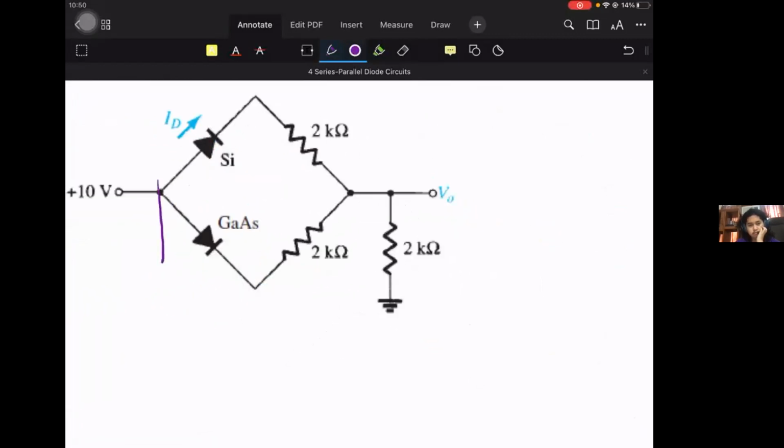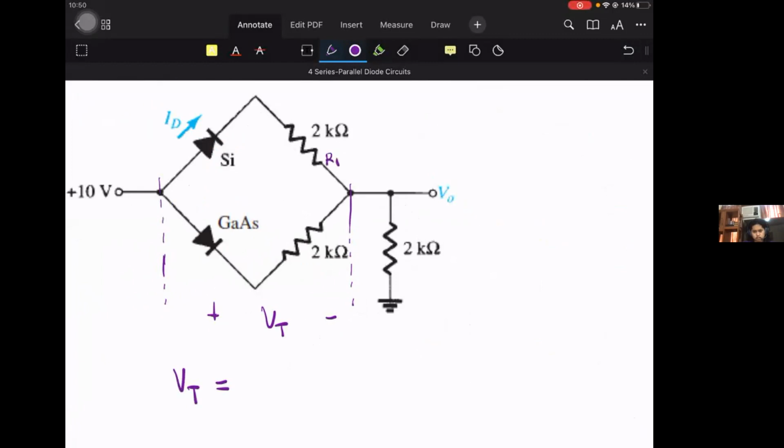Let's say ang total voltage drop dito is ato i-assign as VT lang. VT.